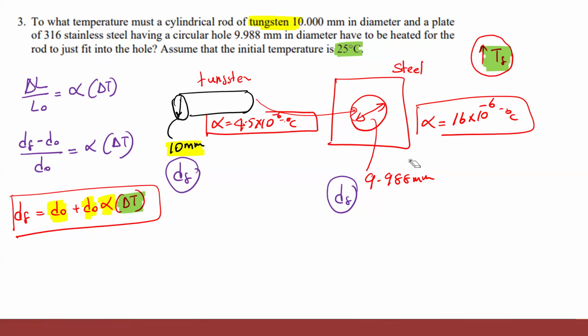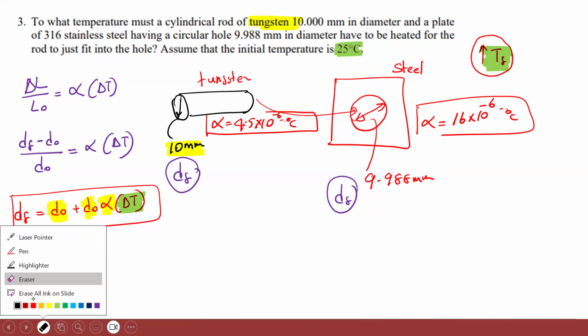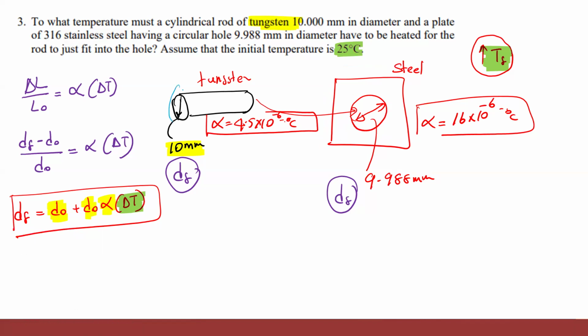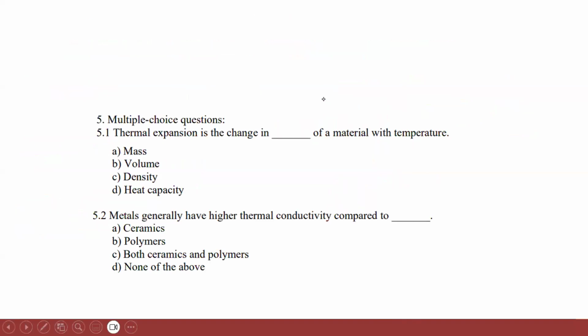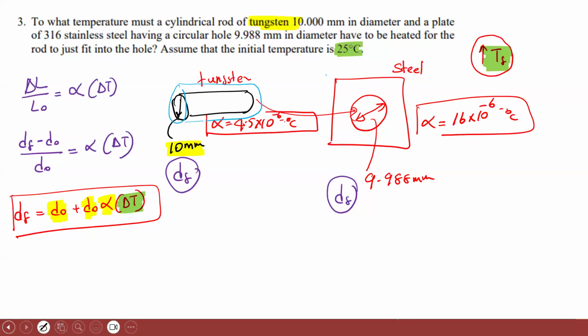So when we increase the temperature, what will happen? This will get bigger like this, and also this will get bigger. This will expand and this one also expands like that. That's why the hole is enlarged as well.